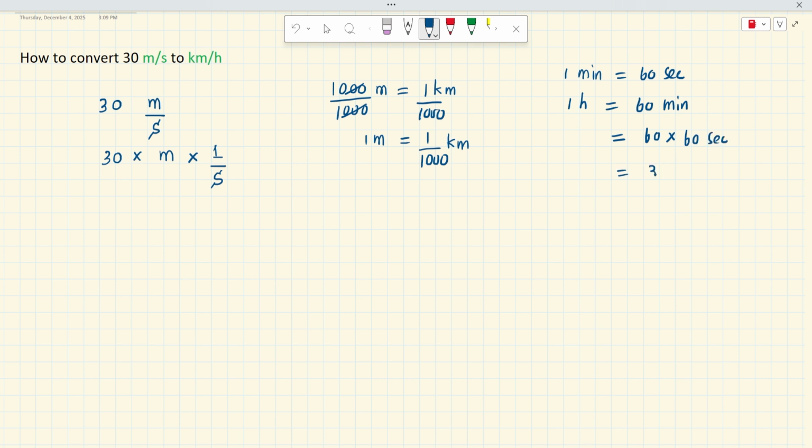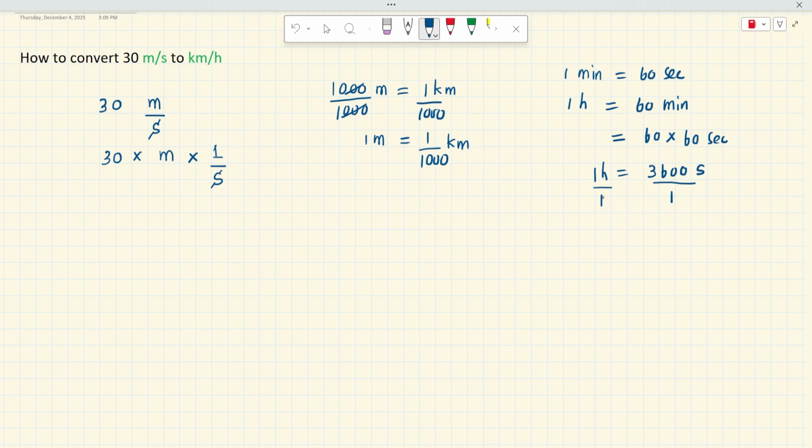That is 3600 seconds. That is 1 hour. Here we have 1 hour equals 3600 seconds. 1h over 1, and this also we can write 3600 s over 1.